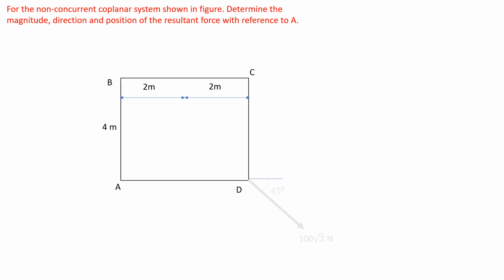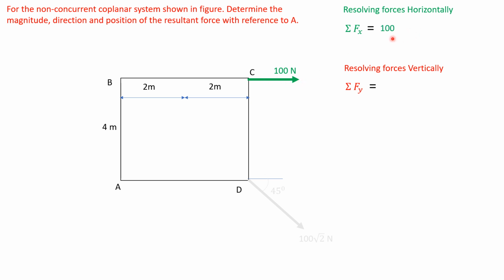Now resolving forces horizontally, resolving this 100 Newton force horizontally, it will be 100 Newton directed to negative x-axis. So minus 100.